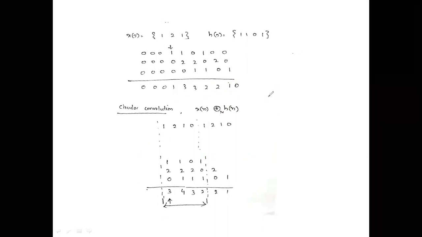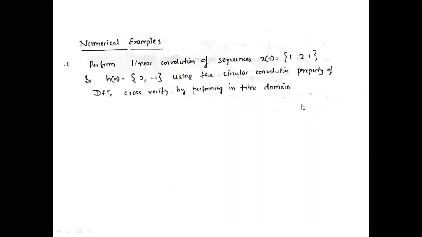So if I do circular convolution, but take n equal to the length of the first sequence plus the length of the second sequence minus 1, then your circular convolution method is going to give you the same answer as linear convolution. Okay, so now here is the numerical.